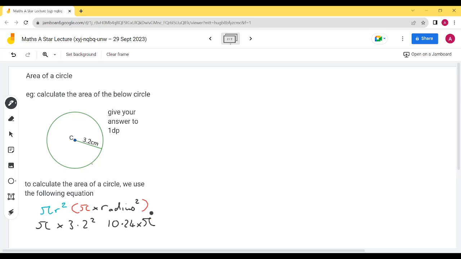That's going to give you 32.16, or 32.2 to 1 decimal place. Remember, 1 decimal place means one number after the decimal you're going to keep, and if the number after that is a 5 or higher, you round up. So you get a final answer here of 32.2.